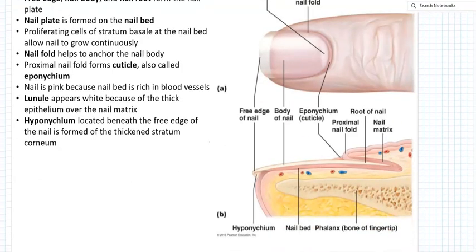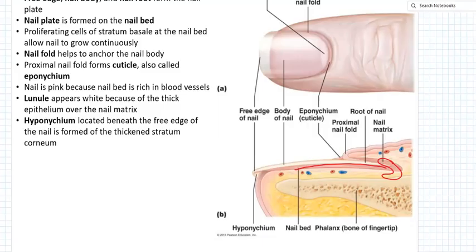So you have the nail body. Obviously, it's most of the nail. The nail grows because of the nail matrix. Same idea as with the hair. Nail bed is the bottom part. You can see the nails appear to be pink.